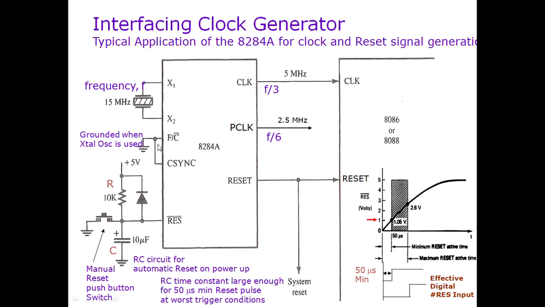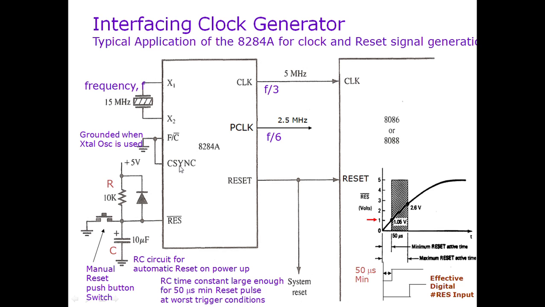In this case, as the input is taken from an externally connected crystal with these two inputs, the input F/C is connected to ground. If the input to this generator is taken from an external frequency input, that external frequency input may be another 8284A clock generator, and in that case this clock synchronization input is connected to ground.